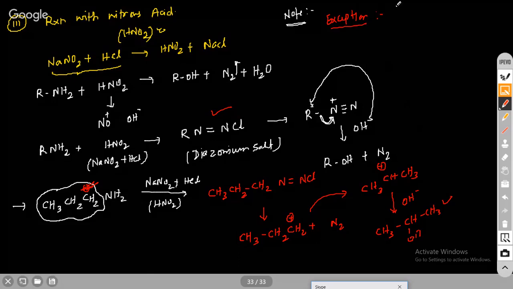Methylamine does not give alcohol in this reaction, but forms methyl nitrite or dimethyl ether.